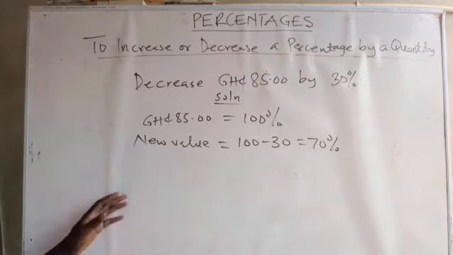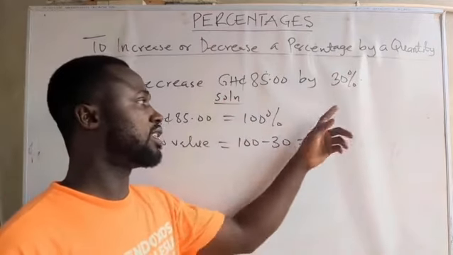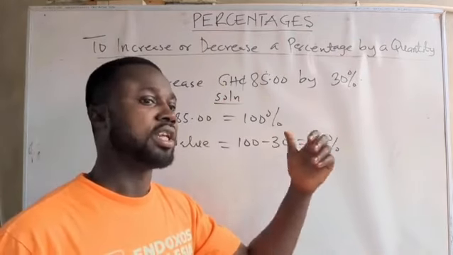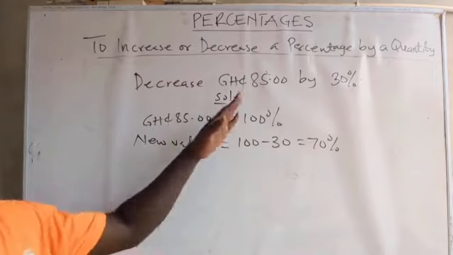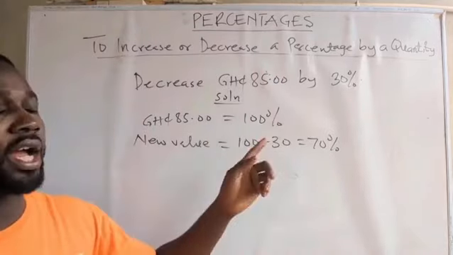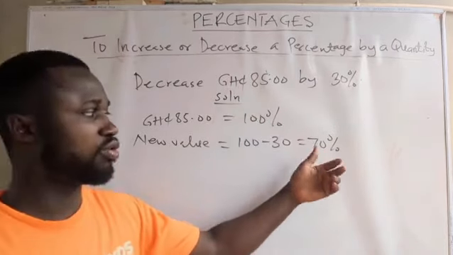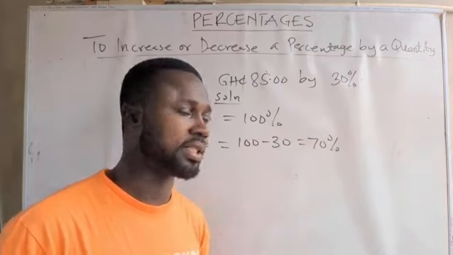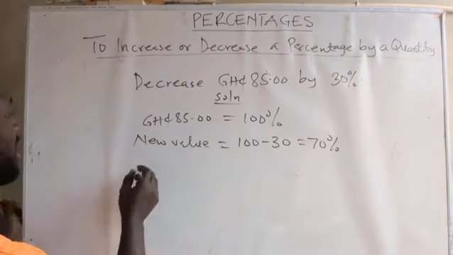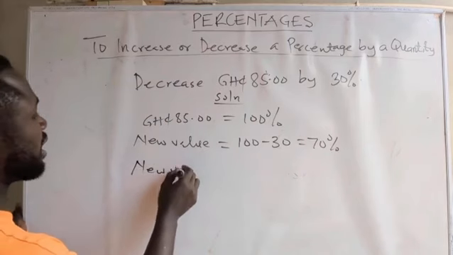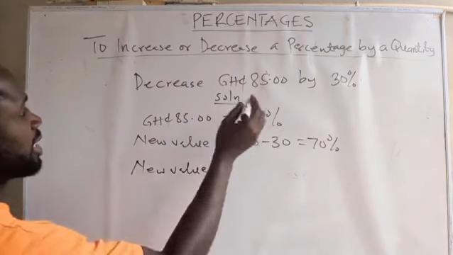So if somebody is coming to buy my item, which is 85 cedis, the person is no longer going to buy at 100%, but the person is going to buy at 70%.